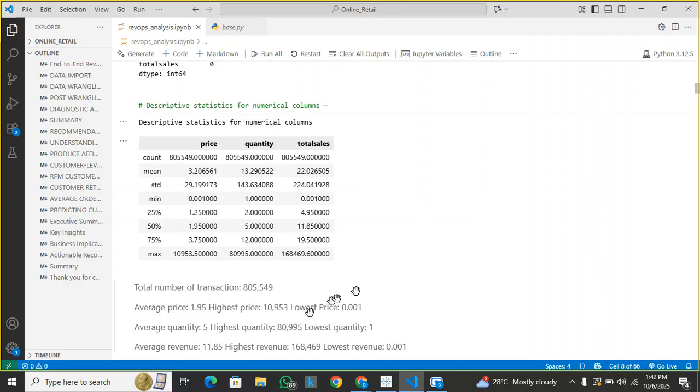The highest quantity simply shows that there is a presence of bulk buyers within the business. And then the average revenue is 11.8, the highest being £168,000, and the lowest being 0.001.